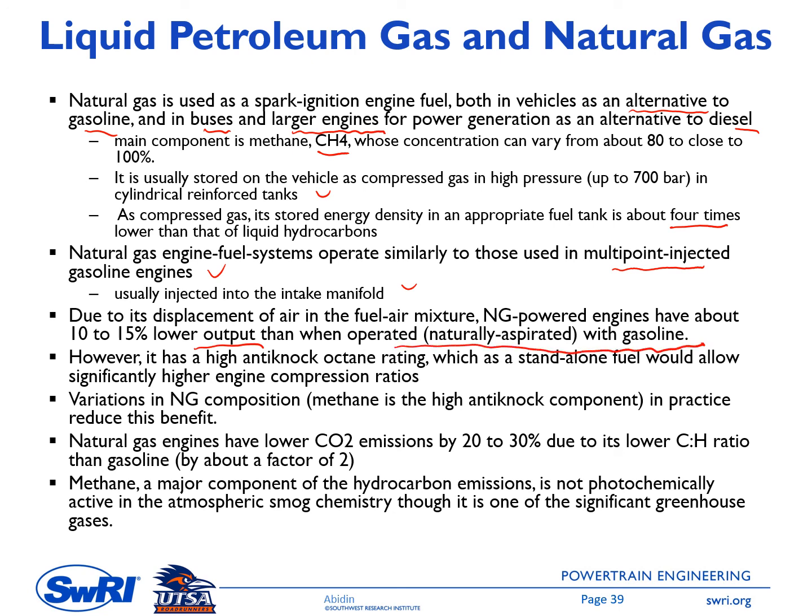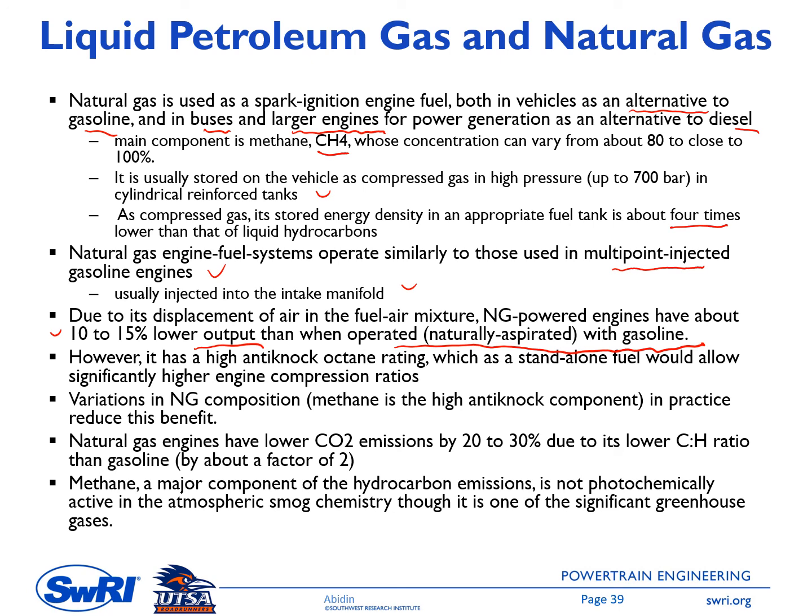So natural gas mainly consists of CH4, and CH4 has much lower molecular weight than gasoline and diesel. Therefore, it will displace more air, and in this case, it is about 10 to 15% more air displaced by natural gas.